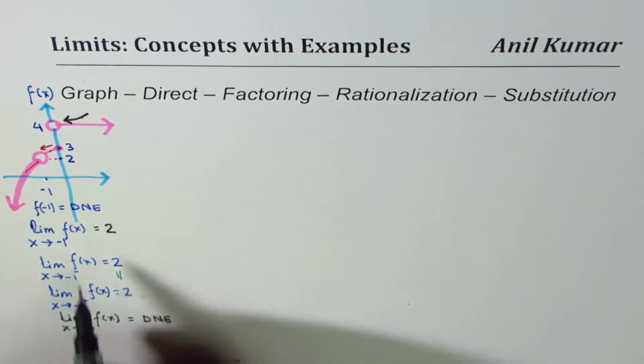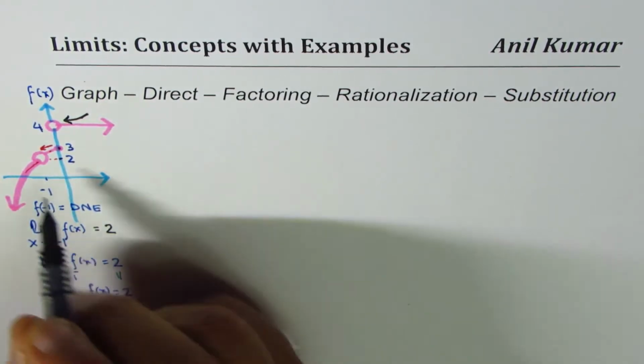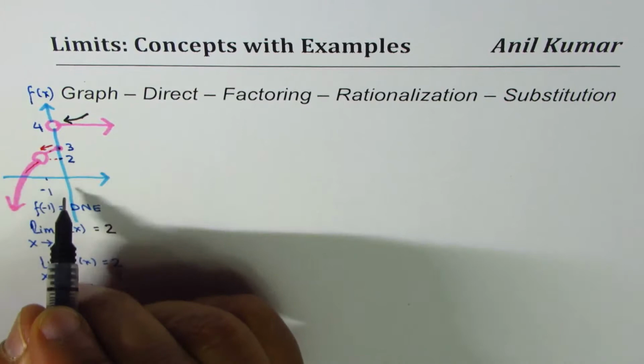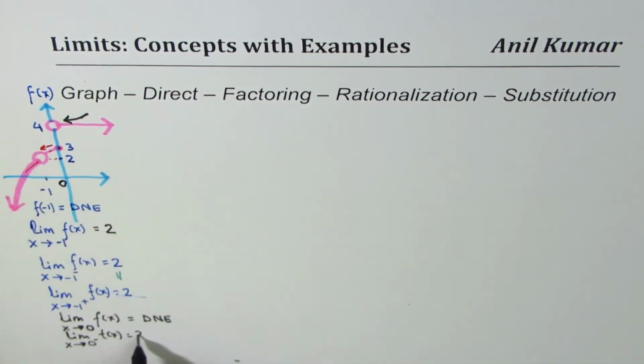Because let me clearly write down here why it does not exist. Because the limit as you approach 0 from left side, you approach a value which is 3, correct? Which is not equal to the limit when you approach 0 from the right side.